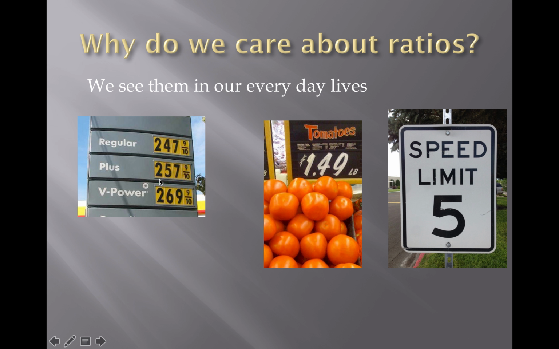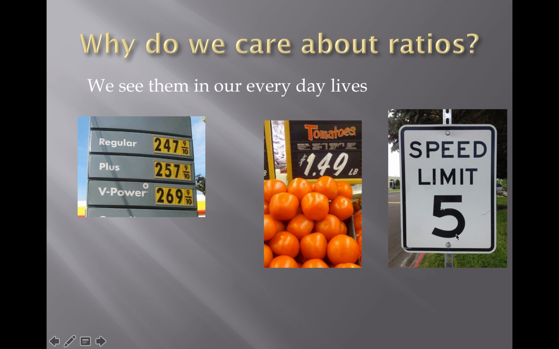Now remember, when we use per, it's a ratio. It's a fraction. When we use per, it means dividing. Tomatoes, we could write how many dollars per pound. It costs $1.49 per pound. Per pound, that's the ratio.